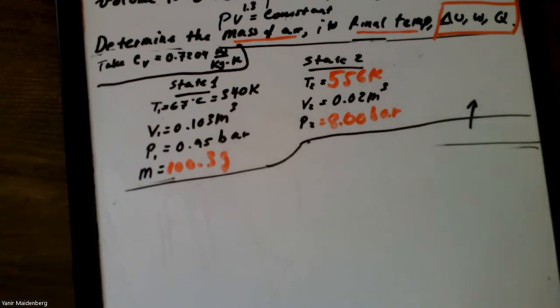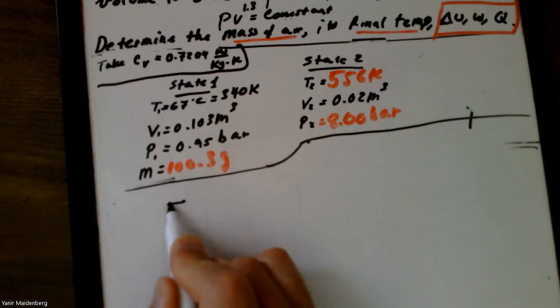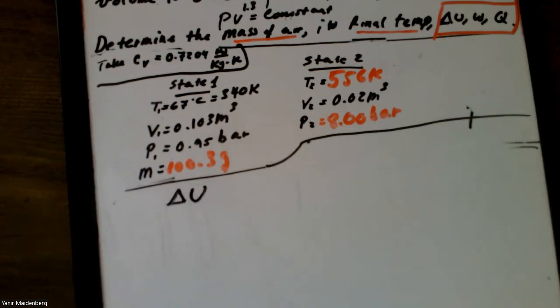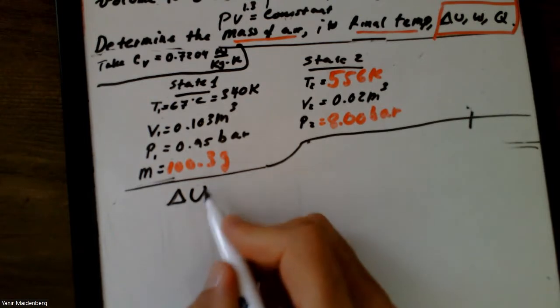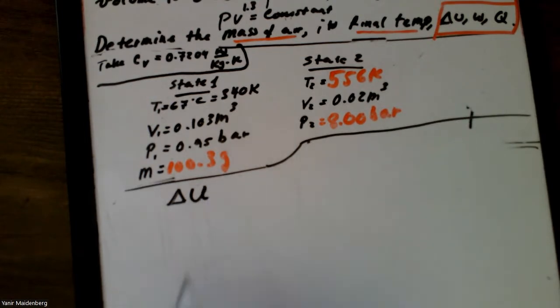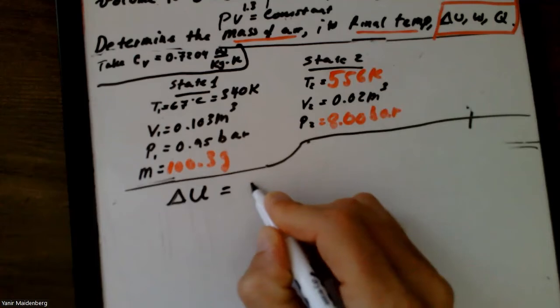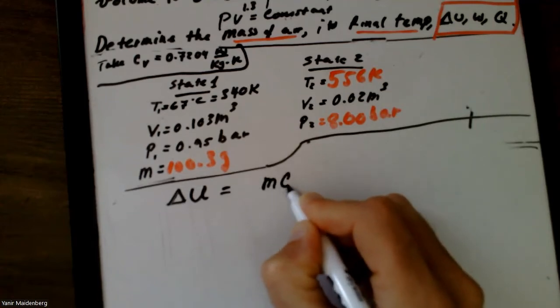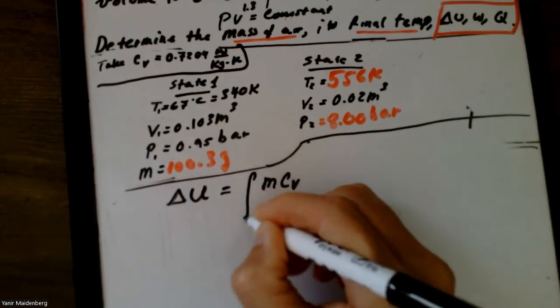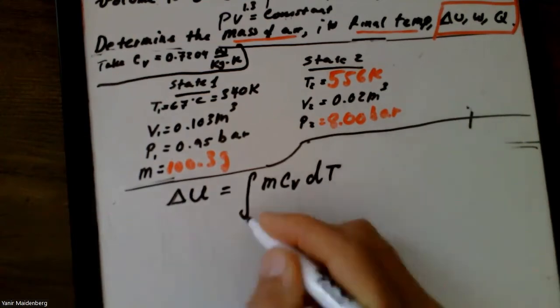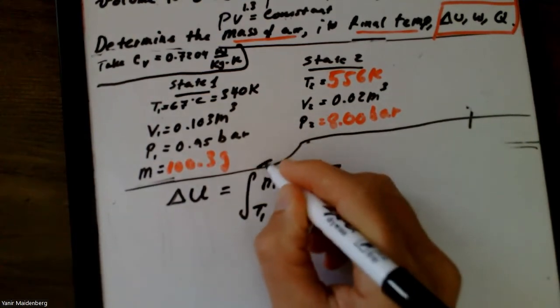So we have that. What we know for an ideal gas, that the change in internal energy of an ideal gas is going to be, well, let's do specific, is going to be mCV integrated dT from T1 to T2.